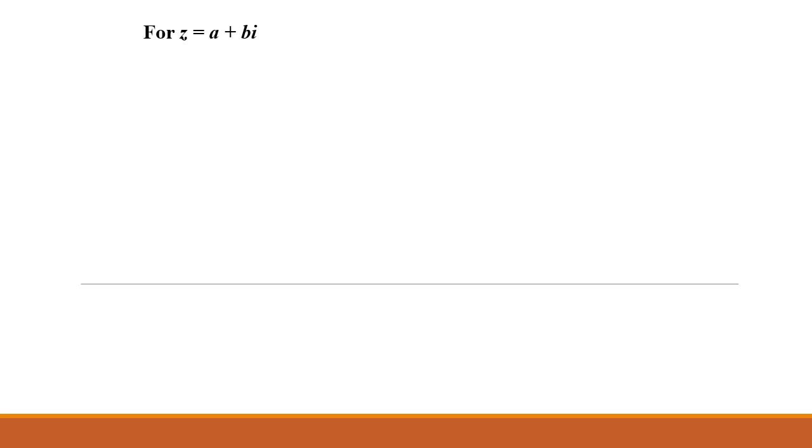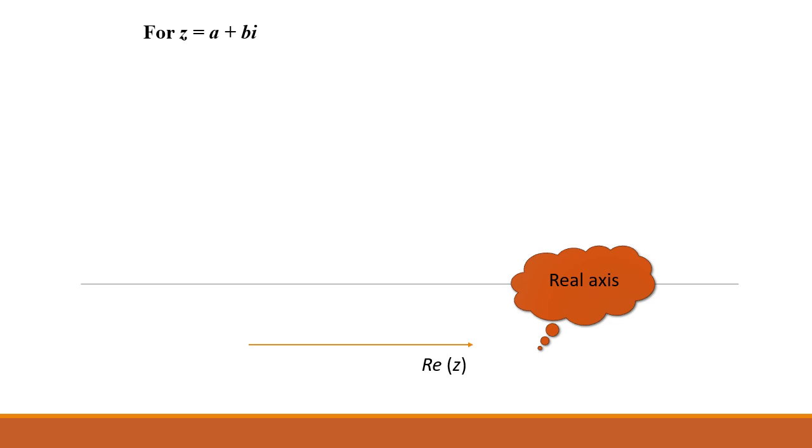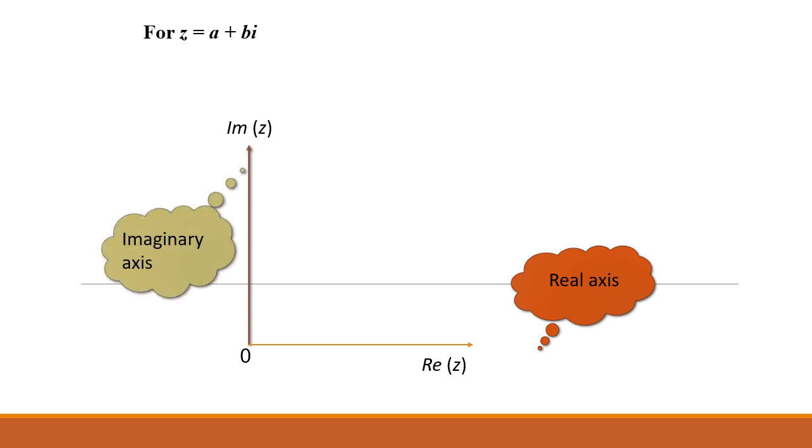So let's say z is equal to a plus bi. We can sketch or draw the Argand diagram, using the same approach as the xy coordinates. We assume the real part of z is the x coordinate, the imaginary part is the y coordinate, and then we just have to plot.